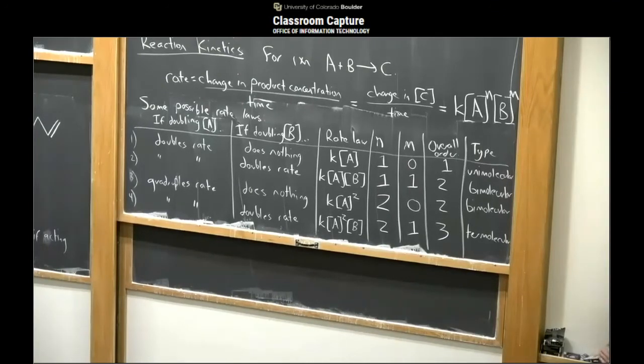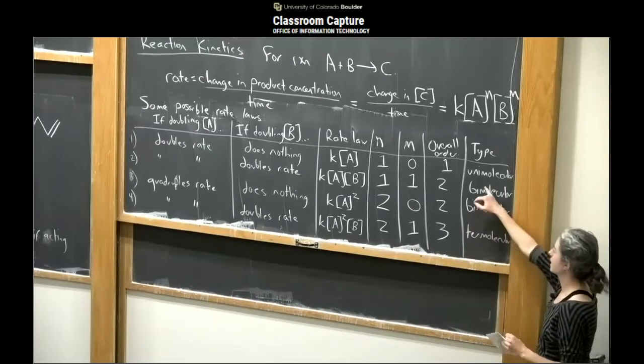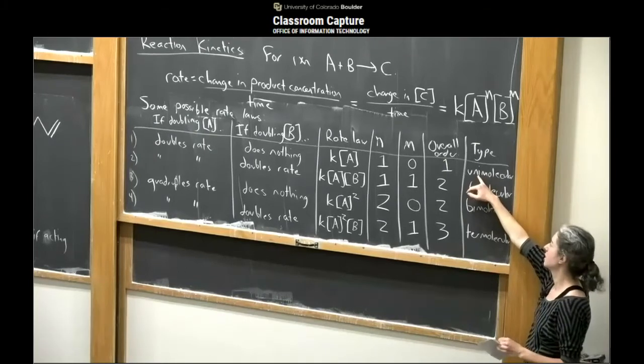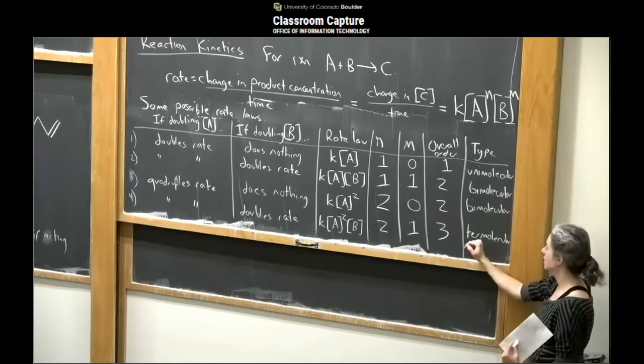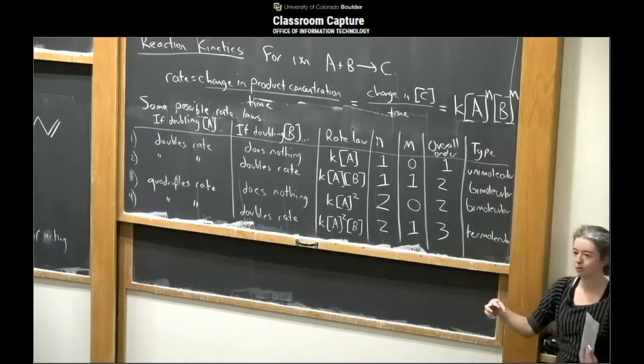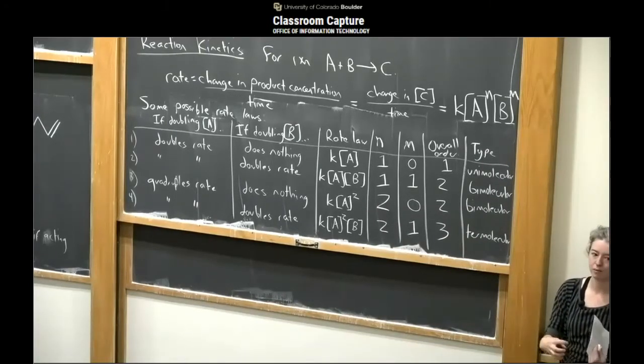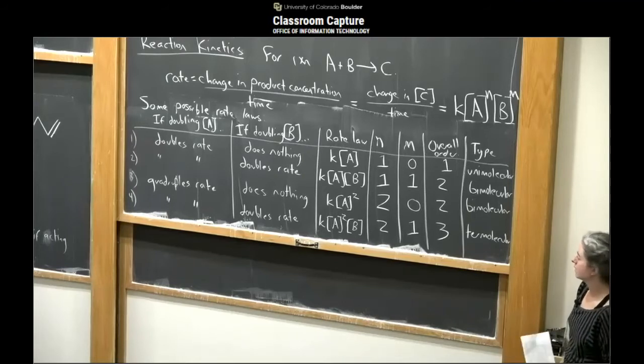Termolecular is just so statistically unlikely that I don't think you'll ever see it. Pretty much what's a lot more likely to happen is either one molecule does something on its own, or we're just waiting on 2 molecules to bump into each other. Termolecular means we're waiting on 3 molecules to all bump into each other the right way at the same exact instant, which is obviously unlikely. So, okay.